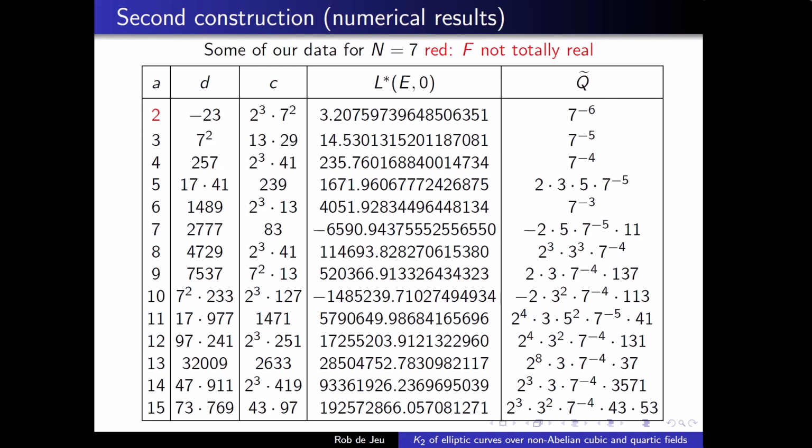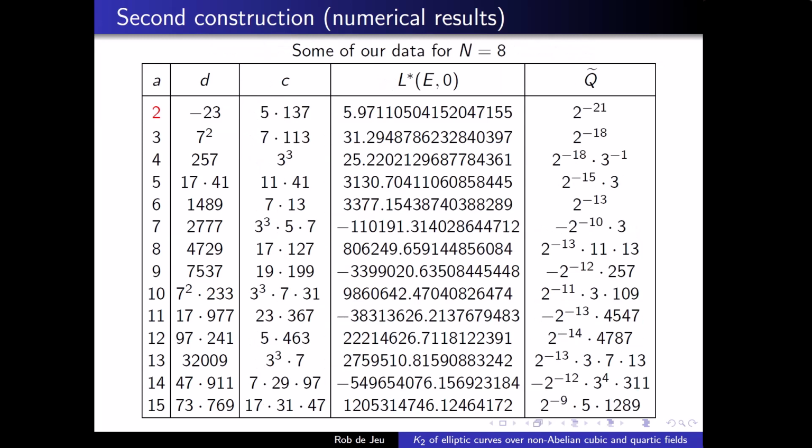I think you can see from the rational numbers that 7 plays a role here in the construction. Right? Point of order 7. Again, you're going to end up with some bigger prime numbers as you go away, so they should have some interpretation that we don't know yet, but there should be something interesting there. N equals 8, prime number 2 playing a big role, and again, you're going to get some very big prime numbers as the parameter increases.